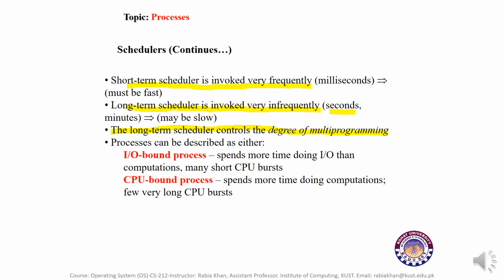If there is no long-term scheduler, one job at a time will arrive in RAM, which is the case of the batch system that we already discussed in chapter 1. So how many processes should be loaded in RAM is decided by the long-term scheduler.